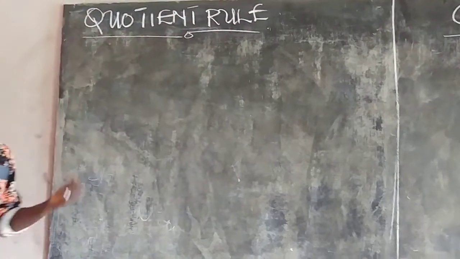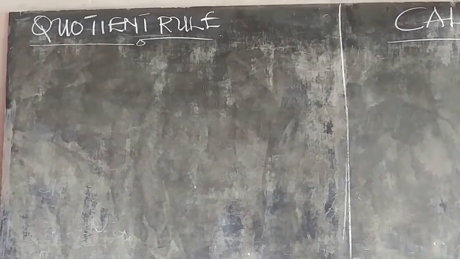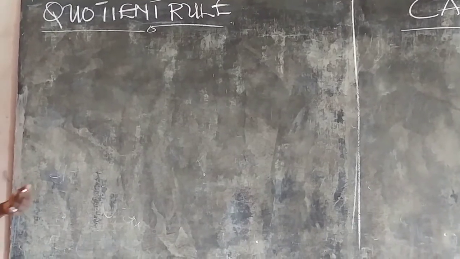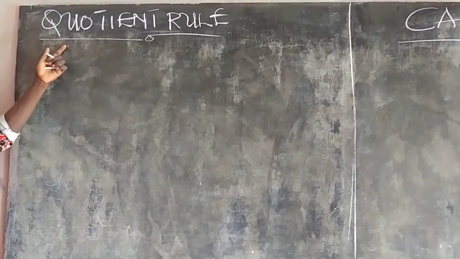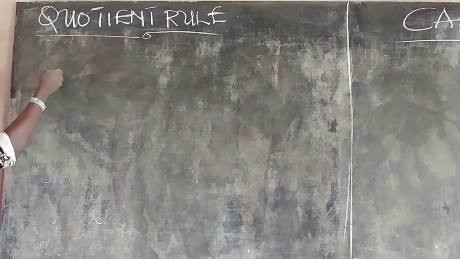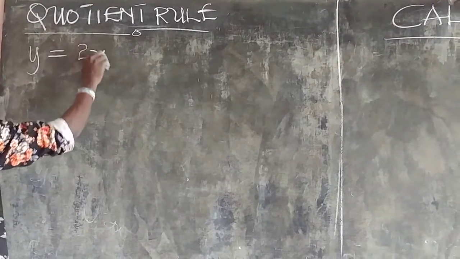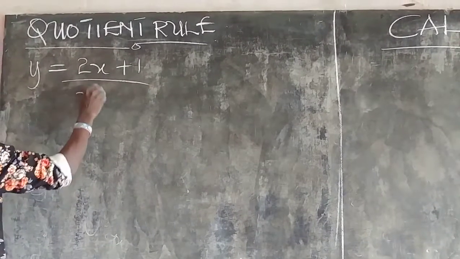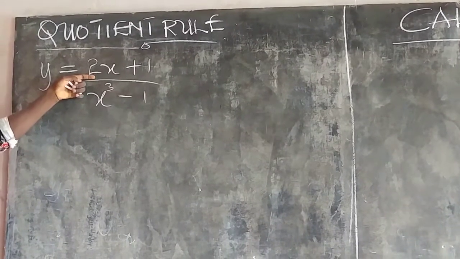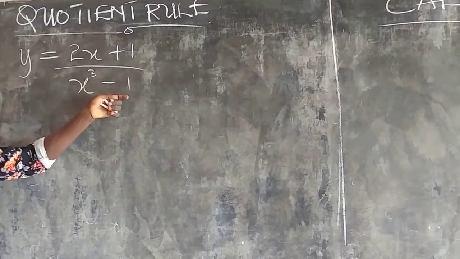Now quotient talks about division. Whenever you have terms divided and you are being asked to differentiate such a function, what you have to use is the quotient rule. For example, if you are being asked to differentiate y equals 2x plus 1 over x cubed minus 1, we have the upper term 2x plus 1 being divided by x cubed minus 1.